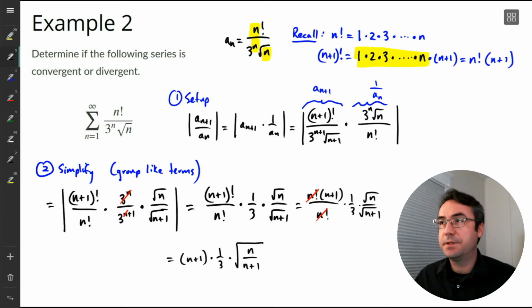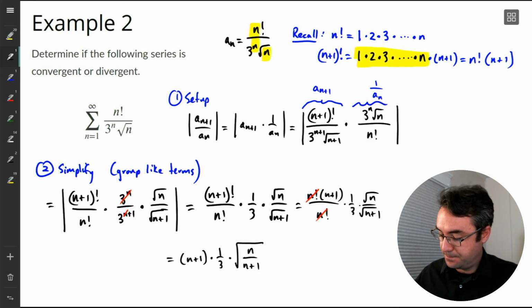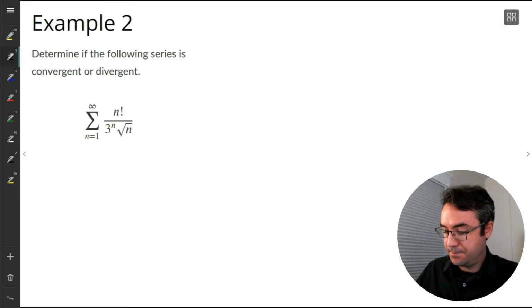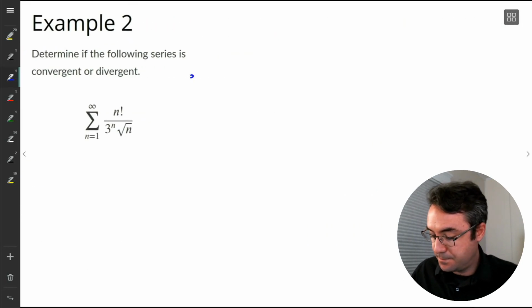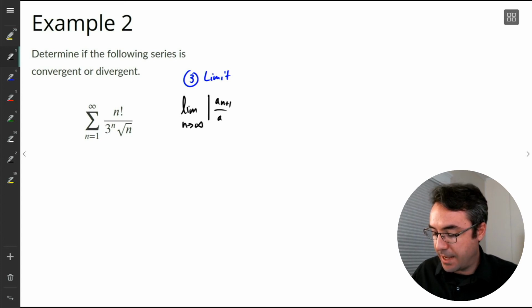So now I think we're ready to actually do the limit. So let's try it out. We want to do the limit as n goes to infinity of this gadget a_(n+1) over a_n. Let's use our simplified version.